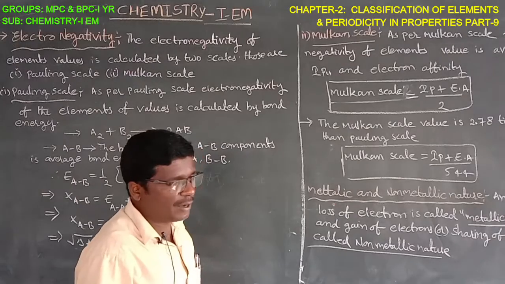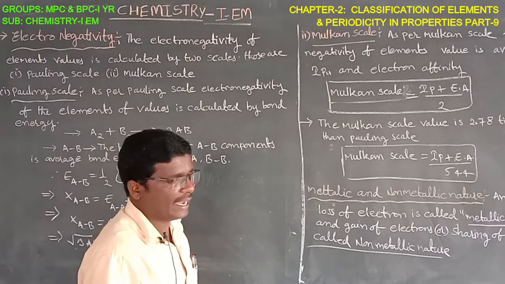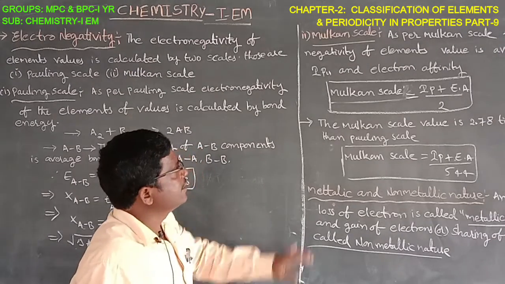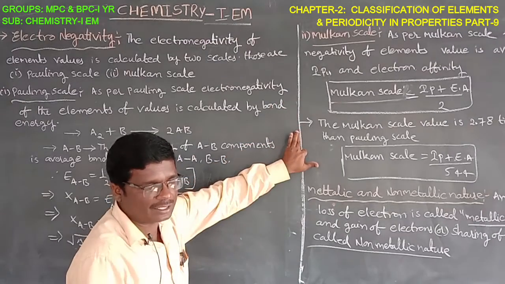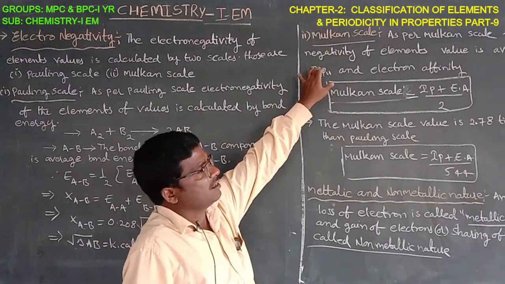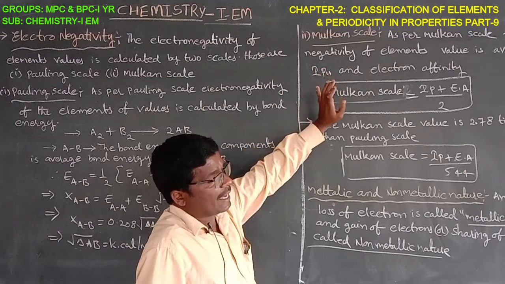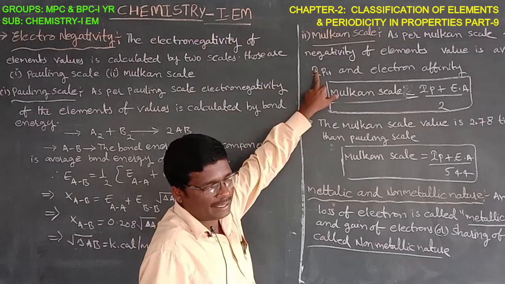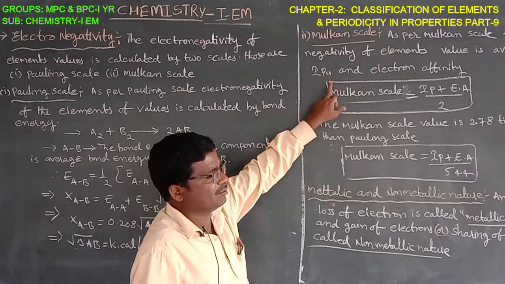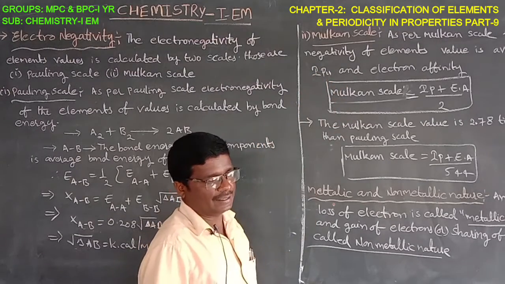That is, it is calculated as the average of the ionization potential, written as IP, and the electron affinity.